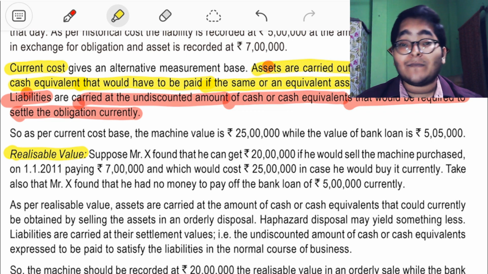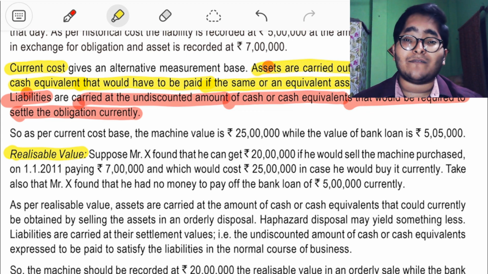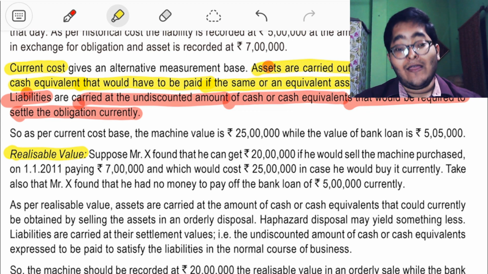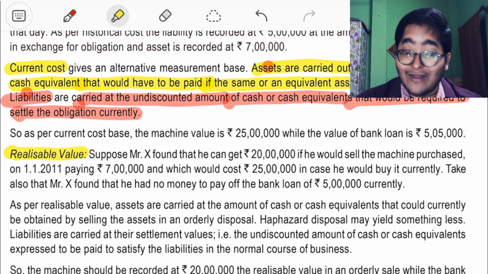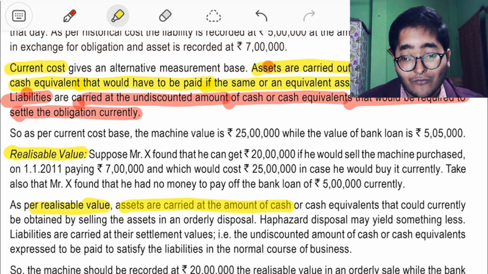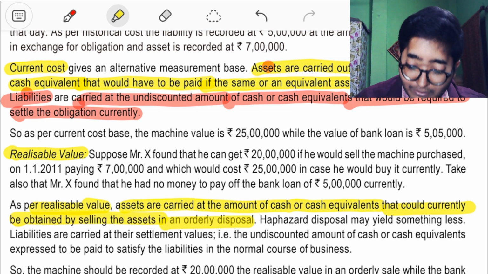What is the realizable value of an asset? The realizable value of an asset is the amount of cash or cash equivalent that can be recovered or realized by the business or enterprise today itself by selling that asset. So, as per realizable value, assets are carried at the amount of cash or cash equivalents that could currently be obtained by selling the asset in orderly disposal.